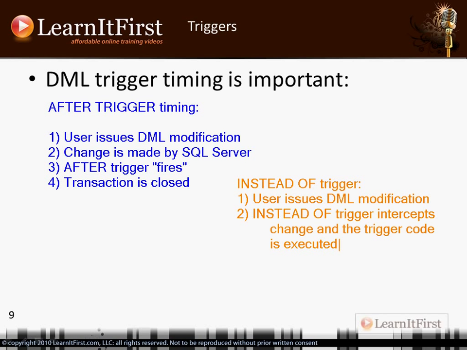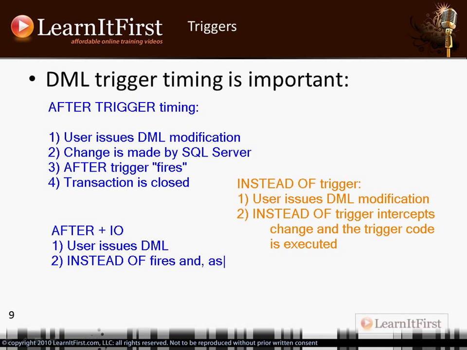Now, you can have both triggers that work together, so you would have basically an after and an instead of. You could have the user issues DML. The instead of fires, and based on the code, performs, let's just call it, an update.